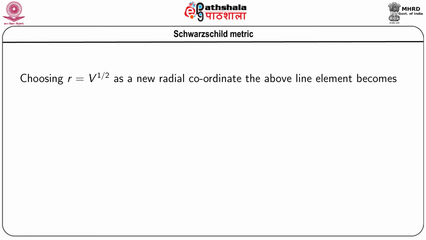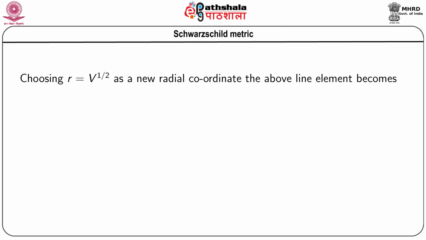Now, if we choose r equals to square root of v as a new radial coordinate, because r is the radius of the space. So, we are taking r equals to v to the power of 1 by 2 as a new radial coordinate.